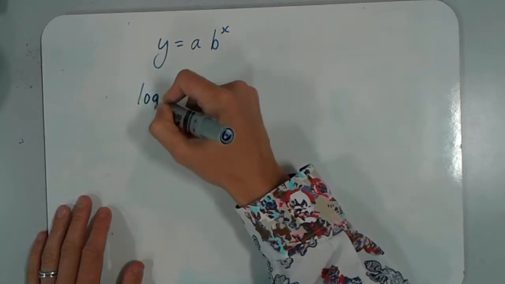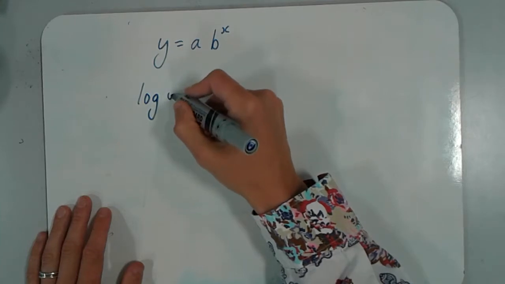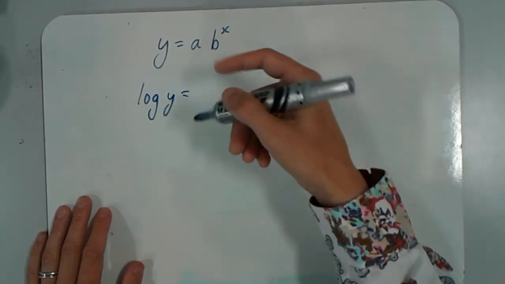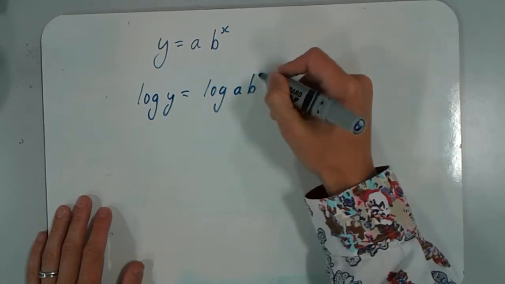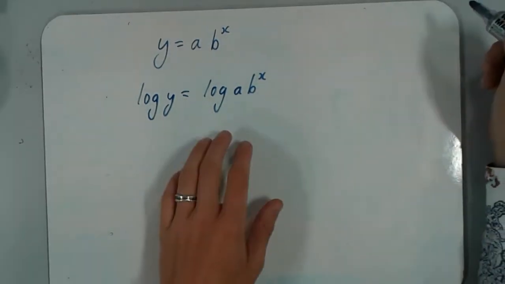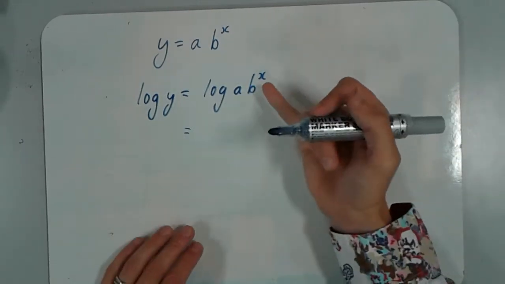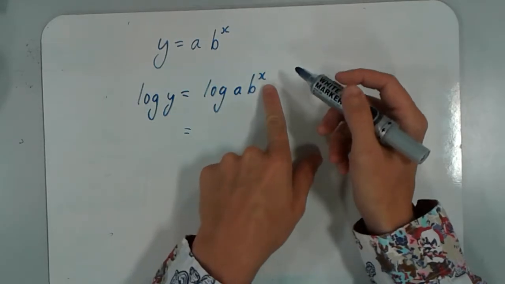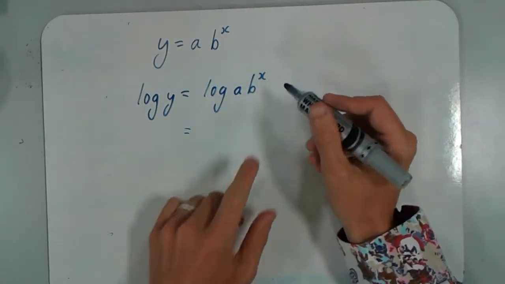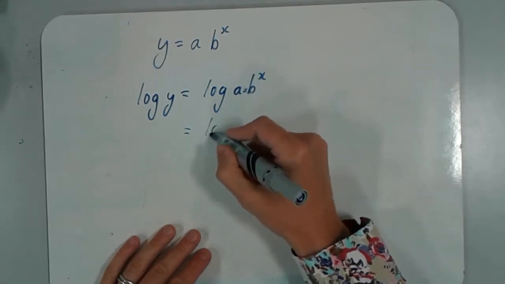So let's just do log. If I don't write a base, I imply base 10. Log y, and I'm going to take logs of this side as well, log of a b to the power x. This doesn't look very helpful yet, but I can now use my log rules. Before I can use the power rule, because a is not to the power x, I need to split up this multiplication.